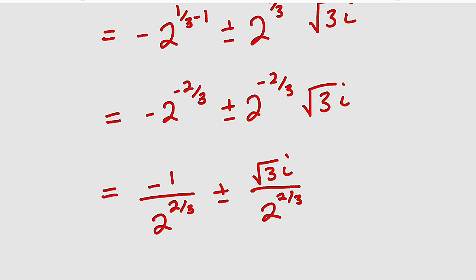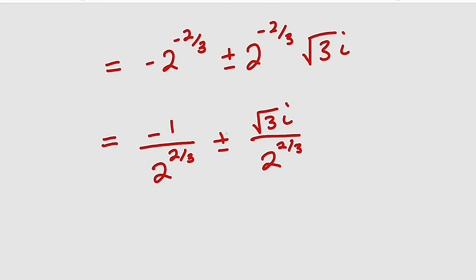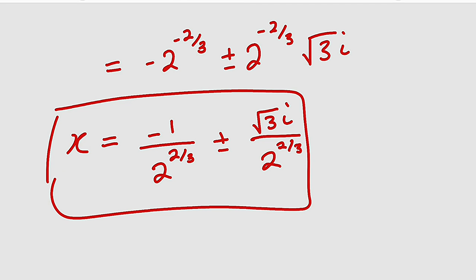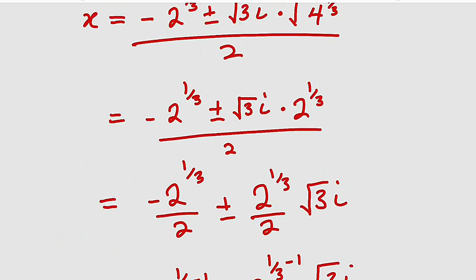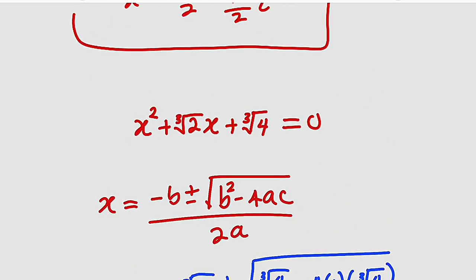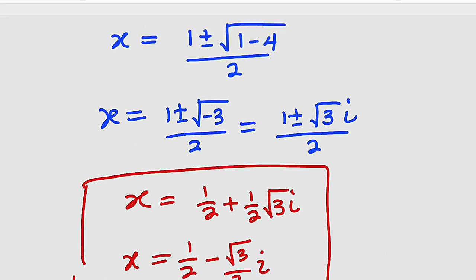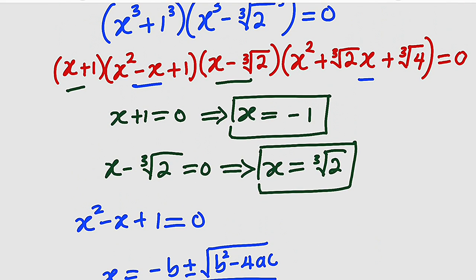And hence, this is just the solution to this problem. If you like, you can split it because we have plus or minus. One could be positive and the other one negative. These are the values of x. So now we have 2 here. We have 2 here, making 4, 5, 6. We have 6 solutions.